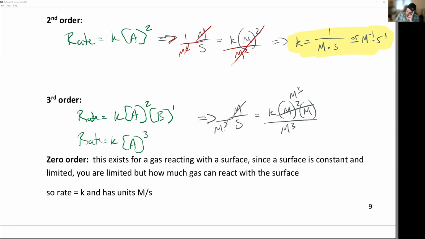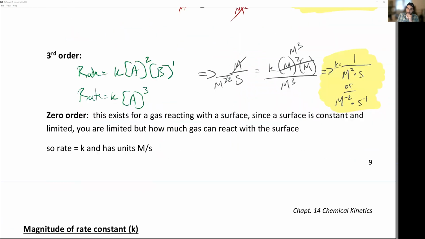Molarity cancels all but two of those. What you end up with is k equals 1 over molarity squared times seconds, or molarity to the -2 times seconds to the -1. So again, either of those two works. And that's it.